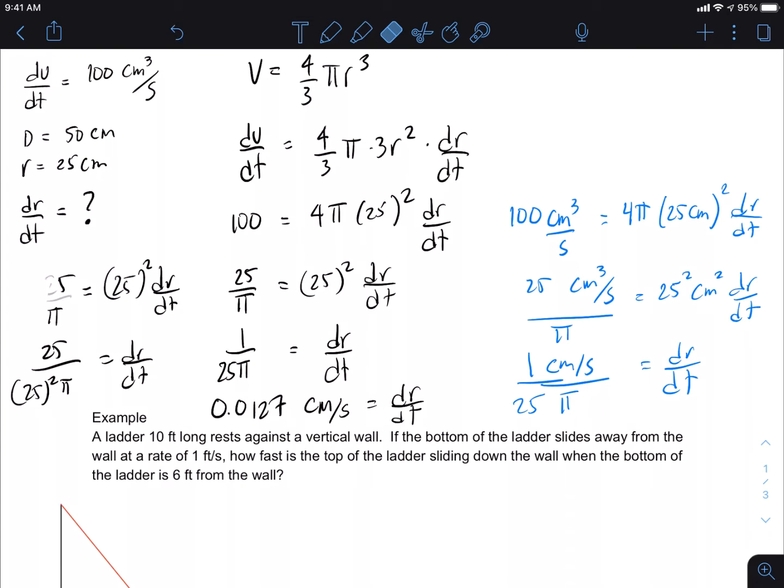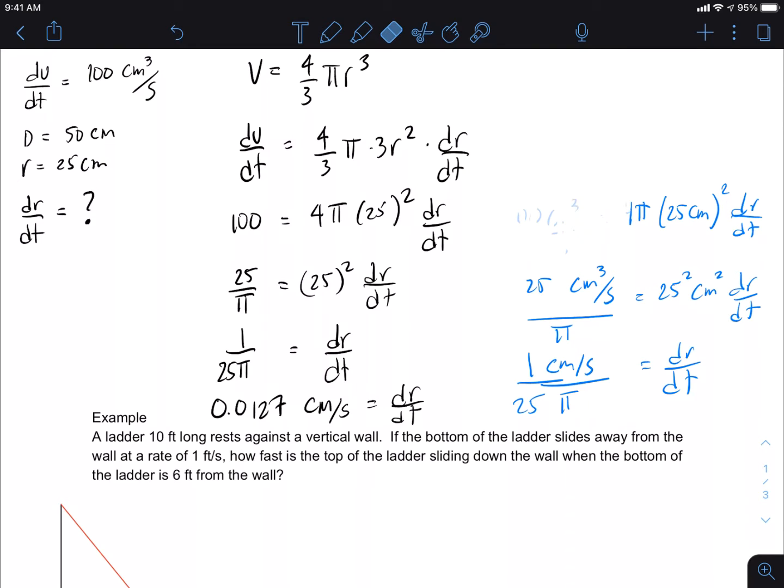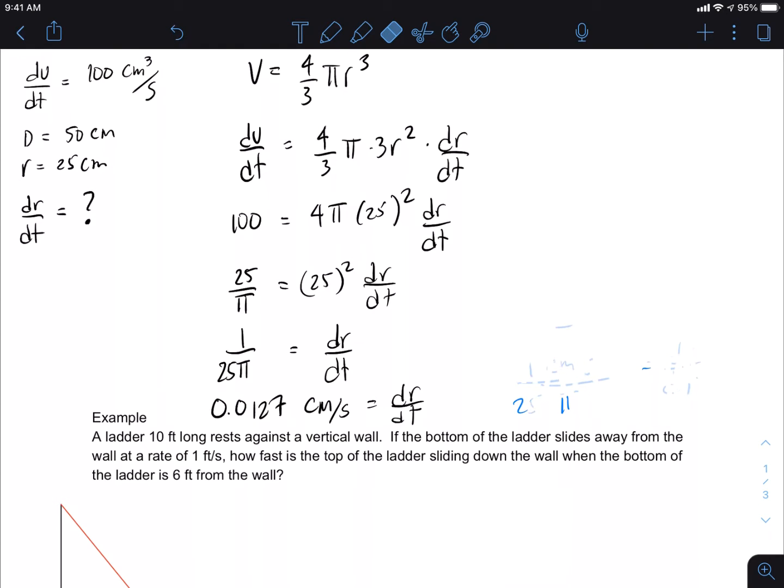All right. May I erase this piece right here? Like, is that okay? Yeah, that's fine. I can put it back if you need, but I just want to keep the work for you guys clean. Well, and since I'm recording it, you could rewatch if you needed. I just want to leave it as clean as possible. All right.